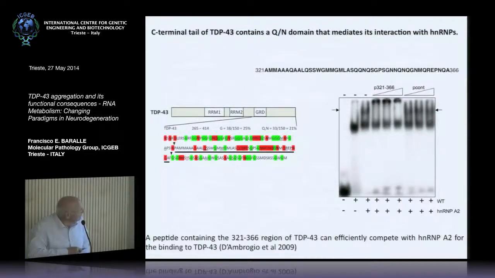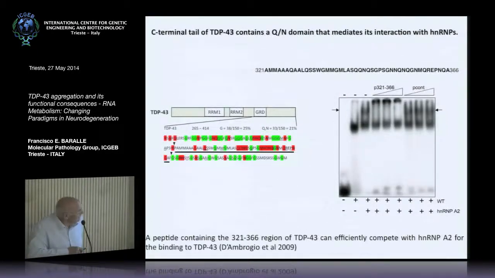In fact, this is TDP-43 bound to its target UG. This is TDP-43 plus A2, so this is the complex A2 TDP-UG. And this is the situation when we add to that mixture a peptide that goes from 330 to 360, more or less, that contains this region.